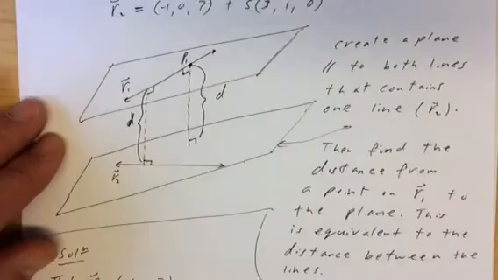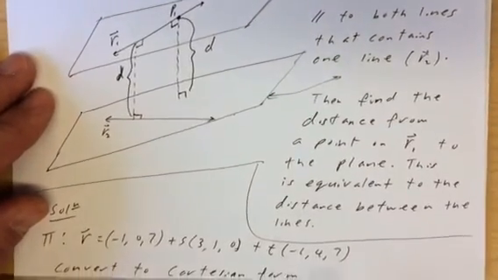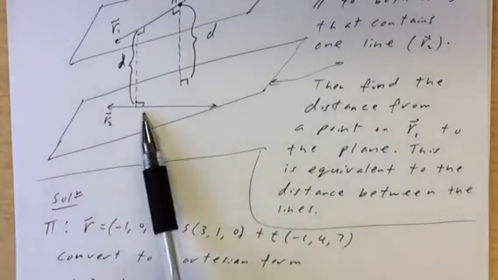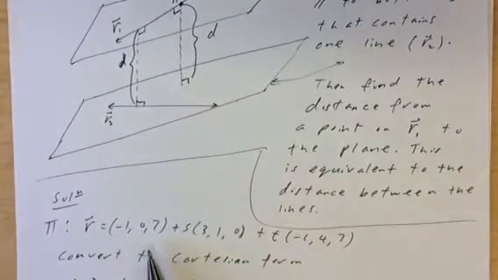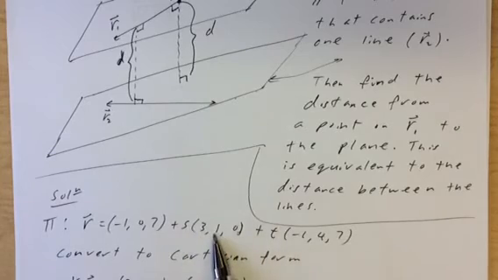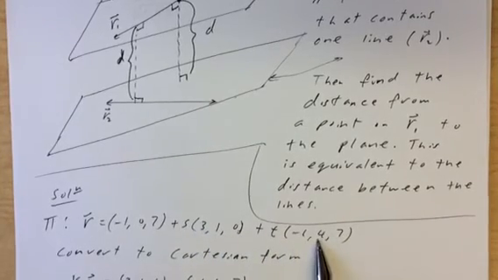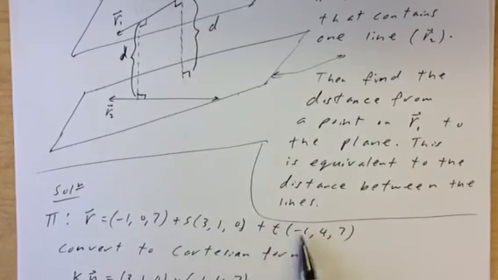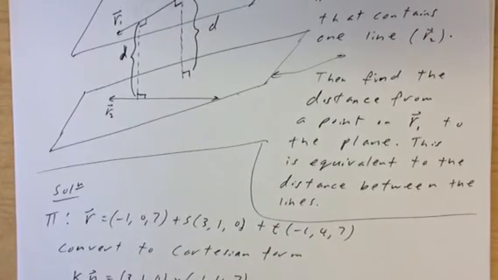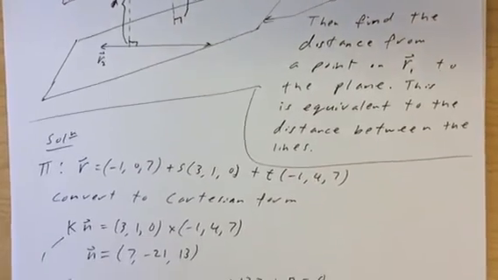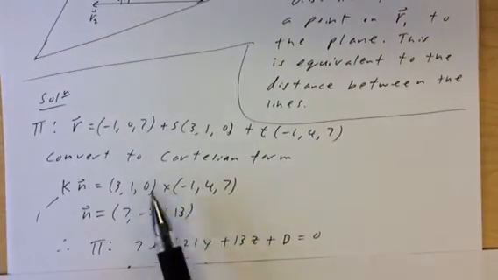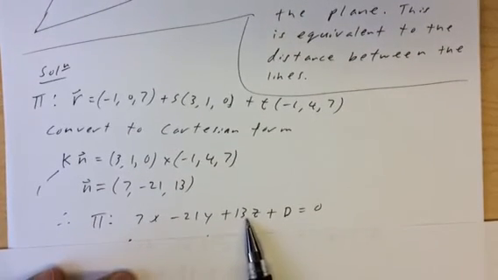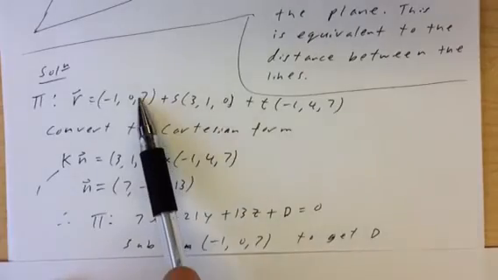So here's the continued example. Let's take the equation of this plane here. I'm using the second plane. We've got the equation of the line plus the other direction vector. Convert to Cartesian form: cross product the two direction vectors to get the normal. Plug that into the Cartesian equation, and solve for d by plugging in the point.